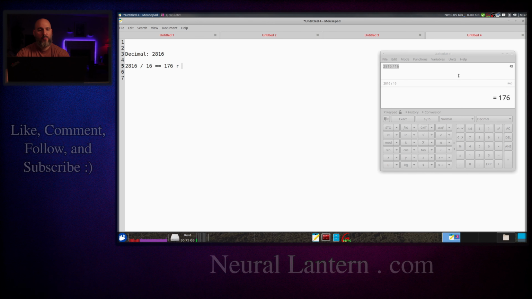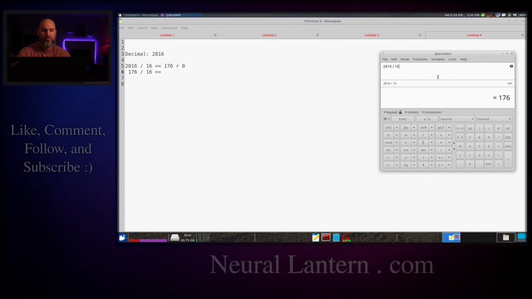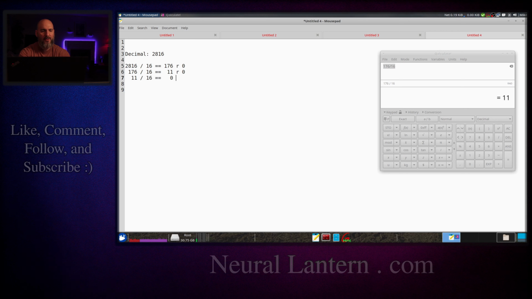There's no decimal point, so I can just assume that the remainder is 0. Nice. 176 divided by 16 is 11. Another 0 remainder. Getting kind of boring though, isn't it? Remainder 0. And then we'll do 11 divided by 16. That's going to be 0, remainder 11.